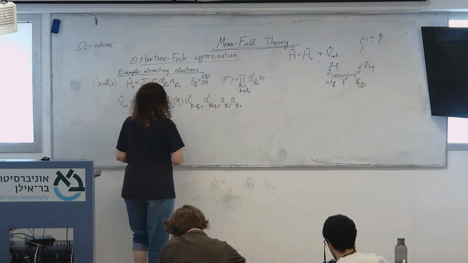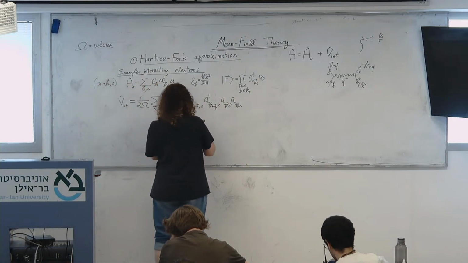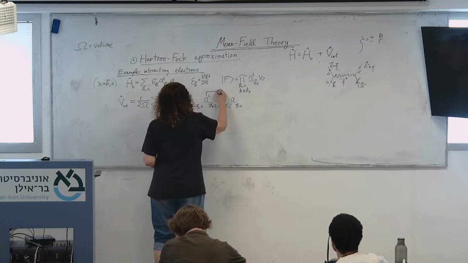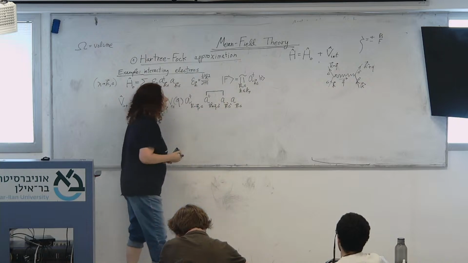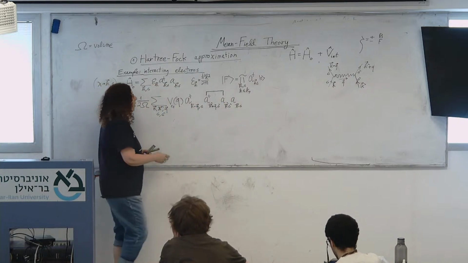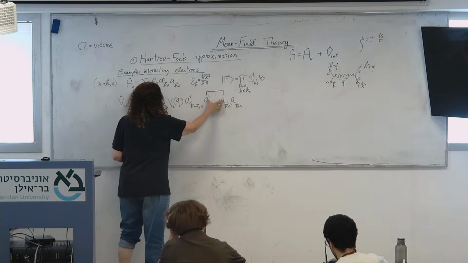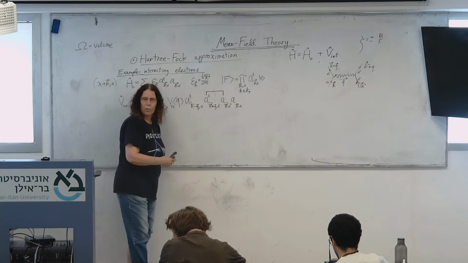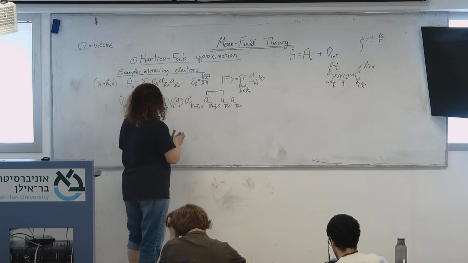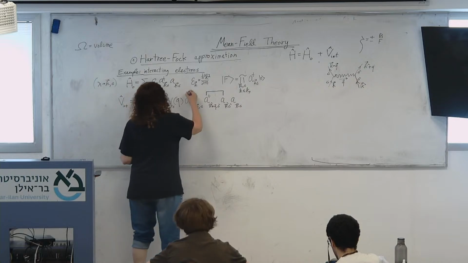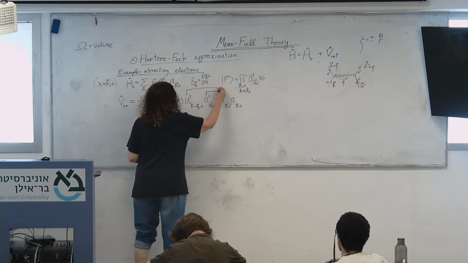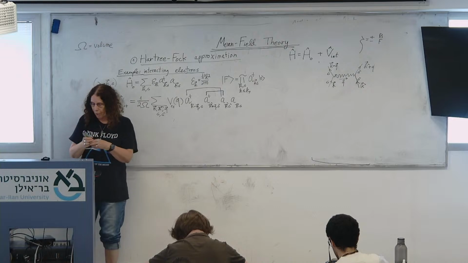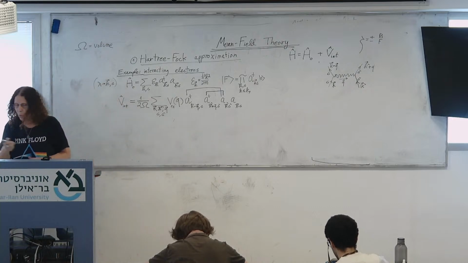So we only have the Hartree and the Fock. What is the Hartree? It's the one where we put a contraction on a pair of a dagger and a, where I don't have to exchange, and the Fock will come from this. Now let's write it explicitly and see what we get.